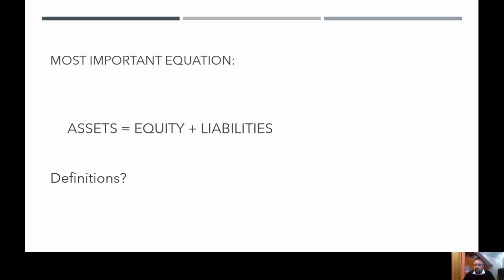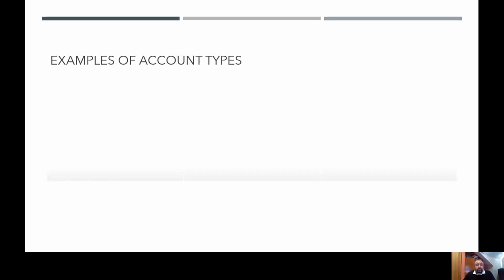Equity is your income and your expenses, so it tells us what has happened up to today. What income have I generated? Which expenses have I incurred? And from that day, what is going to happen in future will be the assets and liabilities.